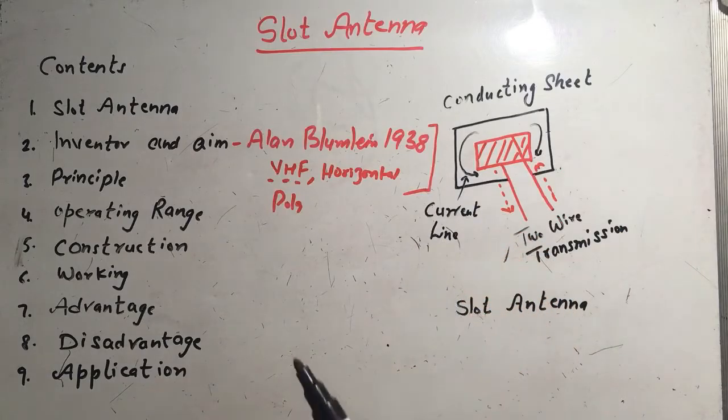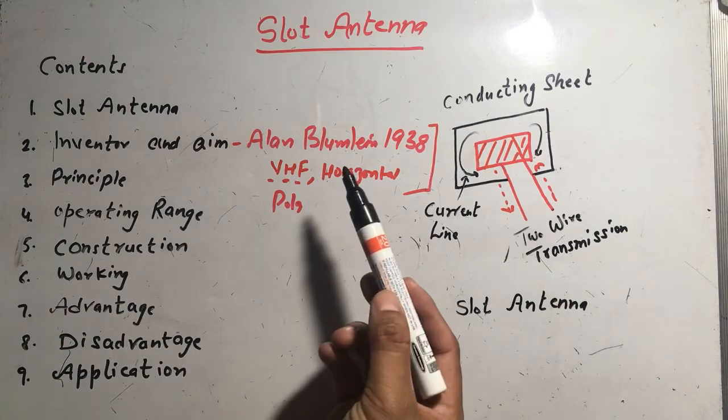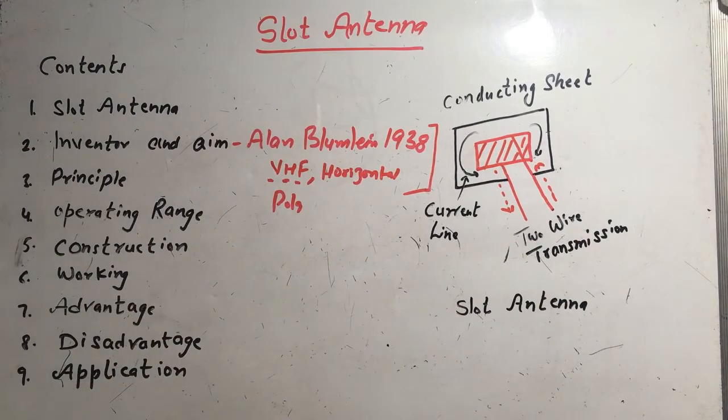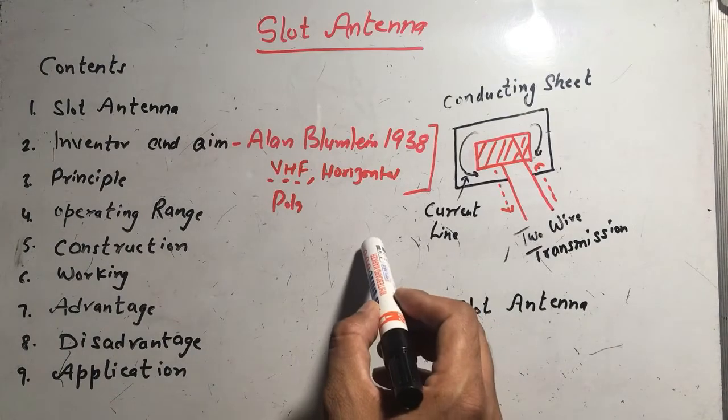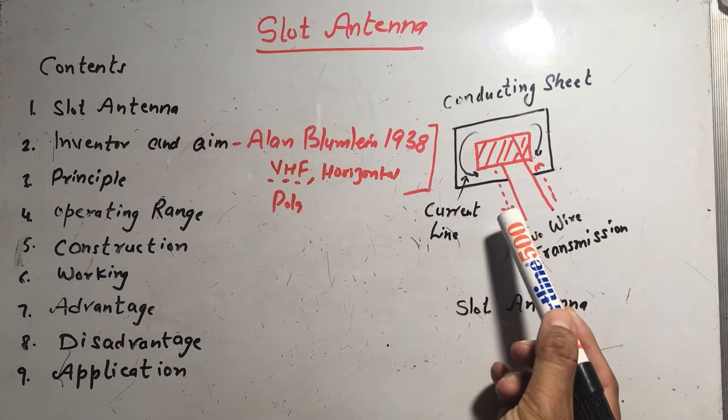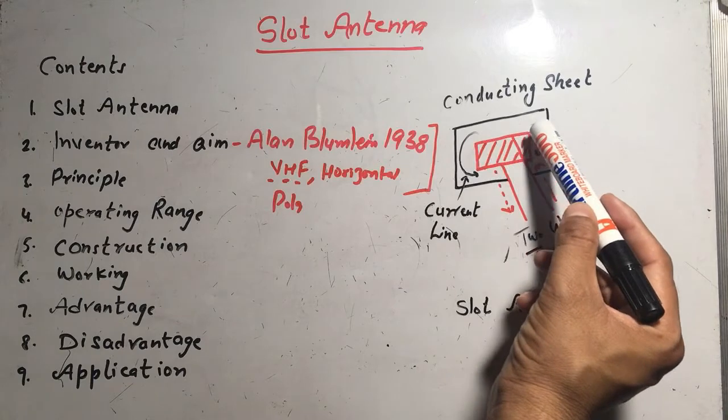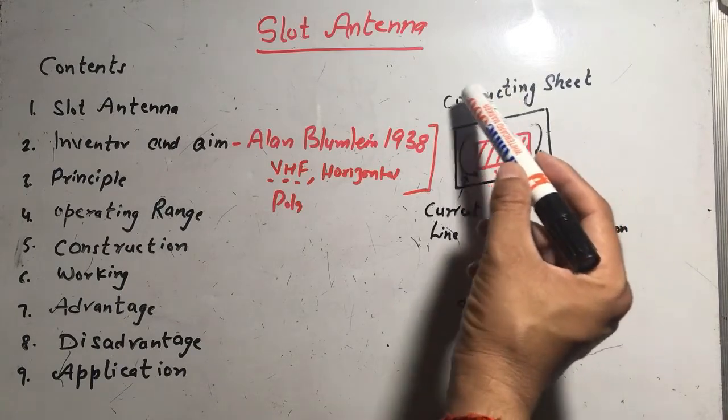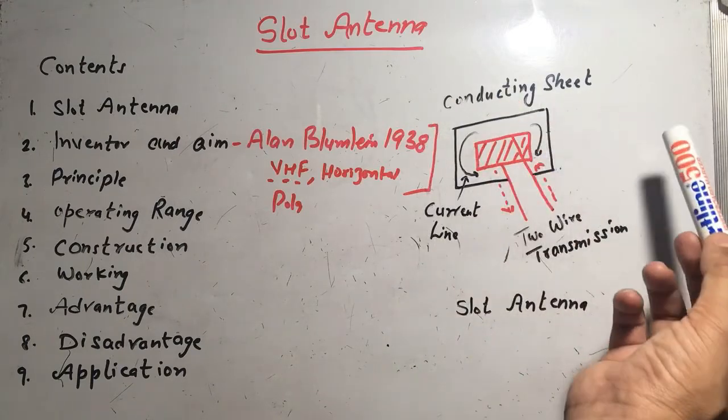Next is its principle. This slot antenna operates on the principle that whenever a high frequency field is present across the slot in a metallic sheet, then energy is radiated.